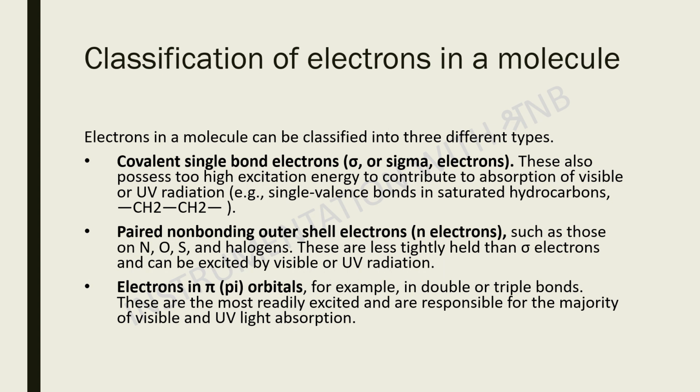Paired non-bonding outer shell electrons are also known as n electrons, such as lone pairs present on N, O, S and halogens. They possess very low excitation energy. Electrons in pi orbitals are the double or triple bond electrons that are most readily excited and are responsible for the majority of visible and UV light absorption.